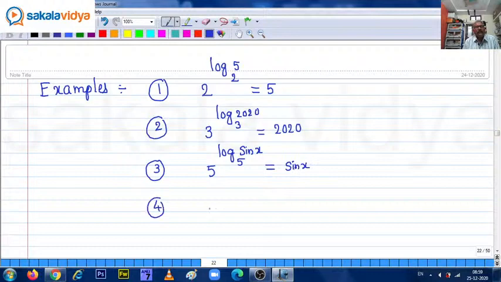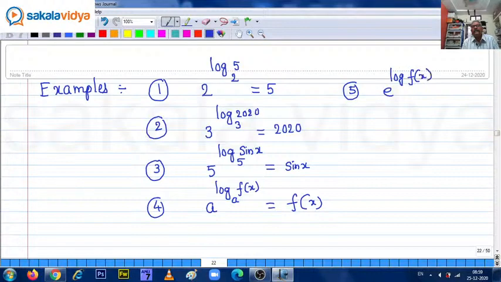Fourth one, a to the power of log f of x to the base a, you can write f of x. Fifth one, e to the power of log f of x. Generally, we treat log f of x as base 10 or base e; here, base e only. So we can write f of x. This is very important. This is the use of the seventh theorem.